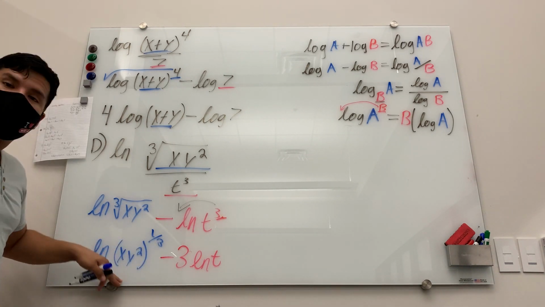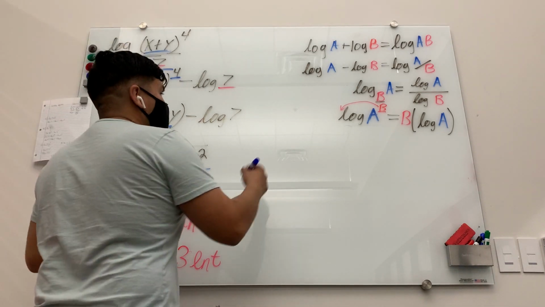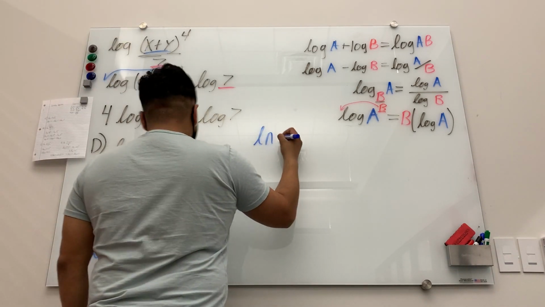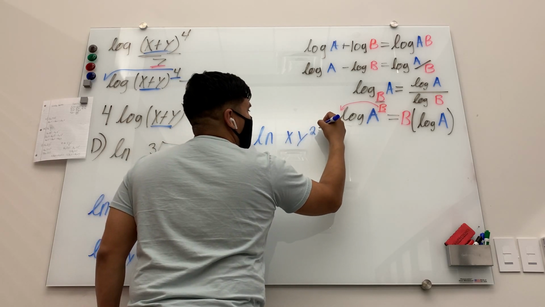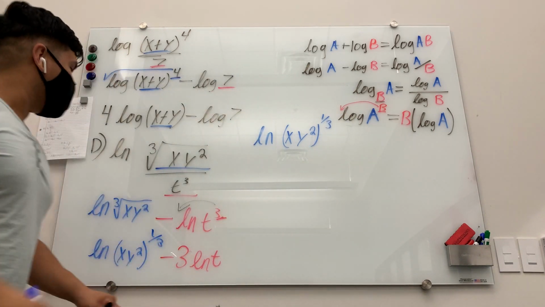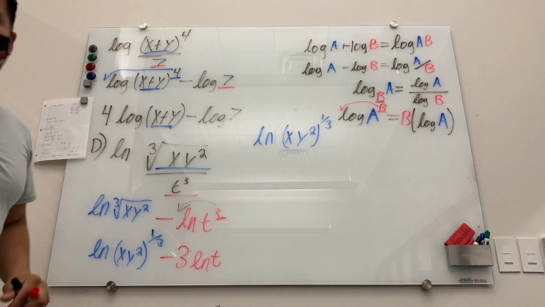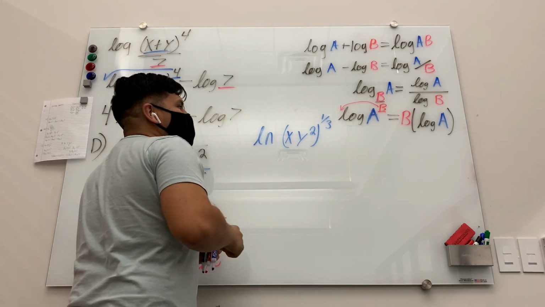Now we need to simplify this expression a little bit further. Taking this, we'll have the natural log of xy squared, to the 1/3 power. Our 1/3 can actually be brought out front.